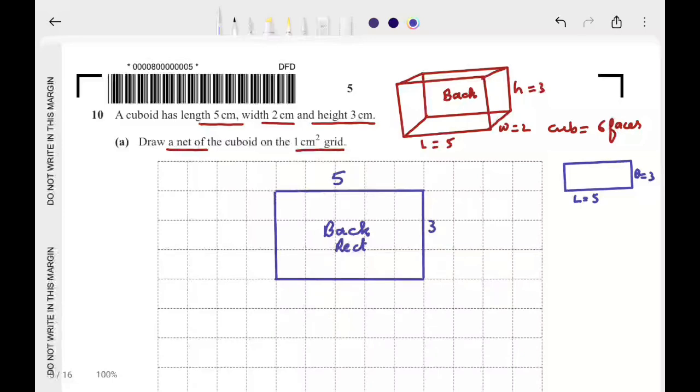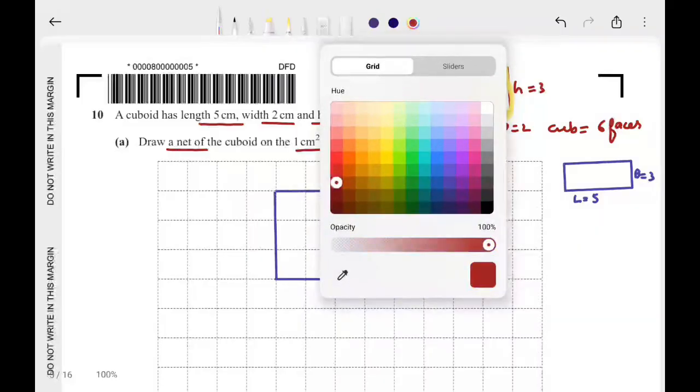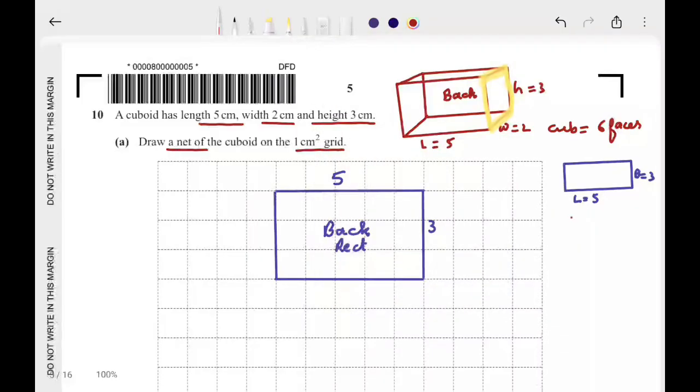Now look at the side ones. This is a right rectangle that shares a common height, that is 3. So let me draw this separately. So its breadth is 3 and length is 2.